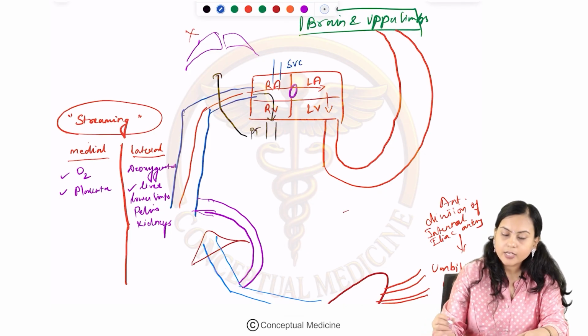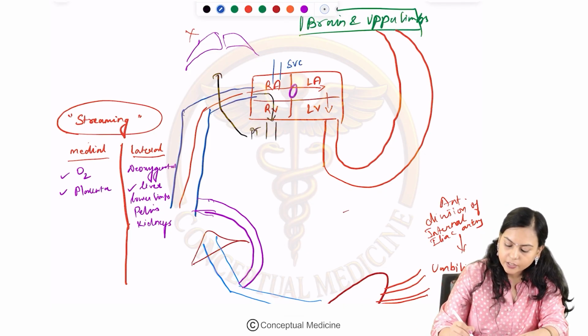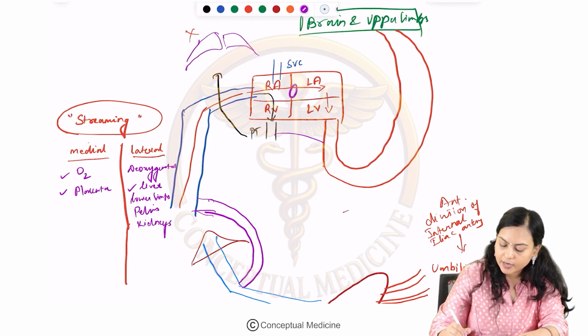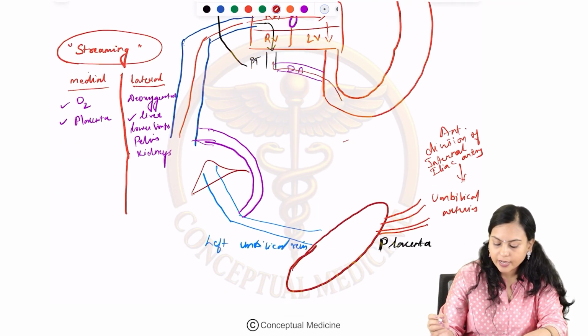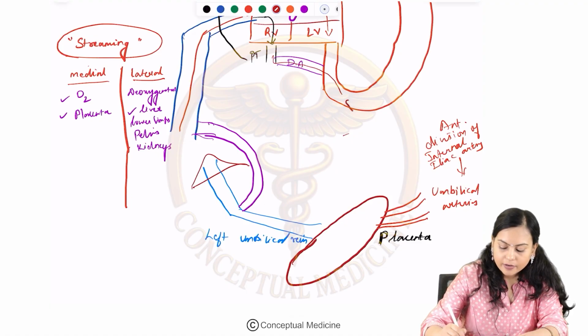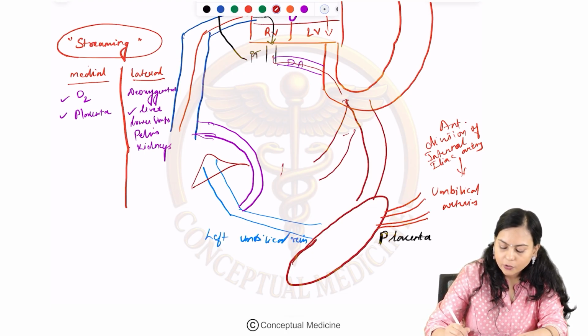So there is one connection between the pulmonary trunk and the aorta, that is the ductus arteriosus. Via this channel, blood reaches the aorta again, and some of the blood will be reaching the placenta for purification and some of the blood will be reaching the lower limbs.